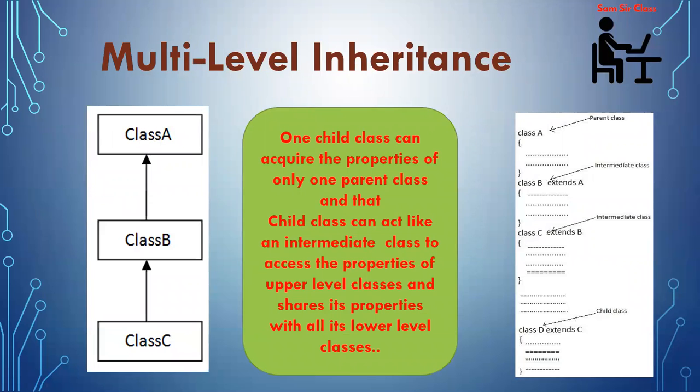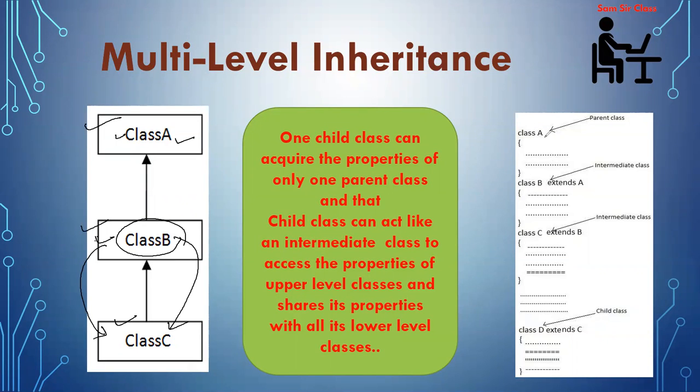Now coming to the next one, multi-level inheritance. What is the meaning of multi-level inheritance? Here one parent class is available. The properties of parent class A are shared with, or accessed by, class B. Now class B, which is a child of class A, behaves like a parent for C. So B plays the dual responsibility of accessing the data members of A and sharing them with C. It's not about a single class; you can keep multiple classes.